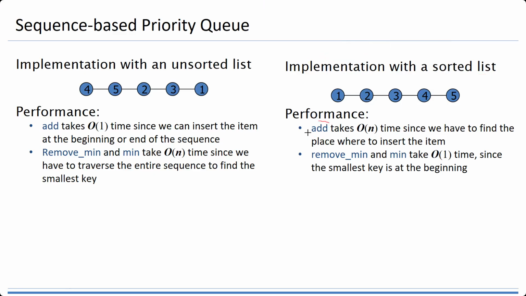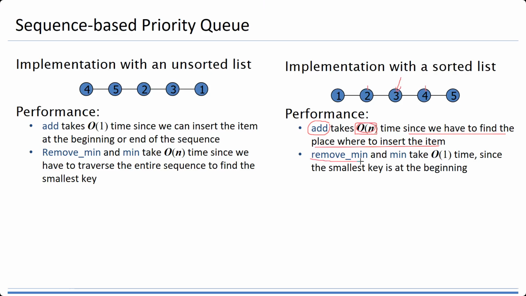So if we add the items, we will do checking at least n times, since we have to find the place where to insert the item. After we know that the item is in between 2 and 4, then we put 3. So that's why it will be O(n).